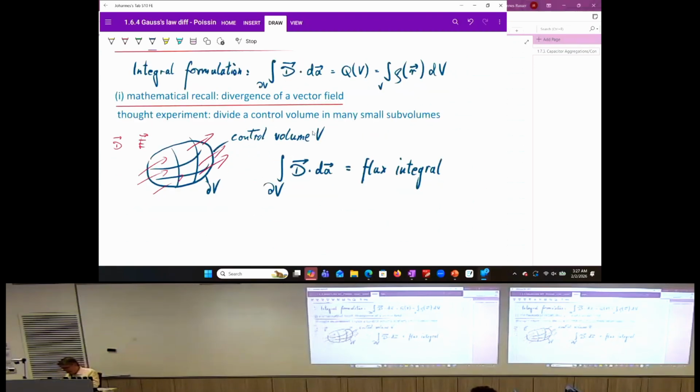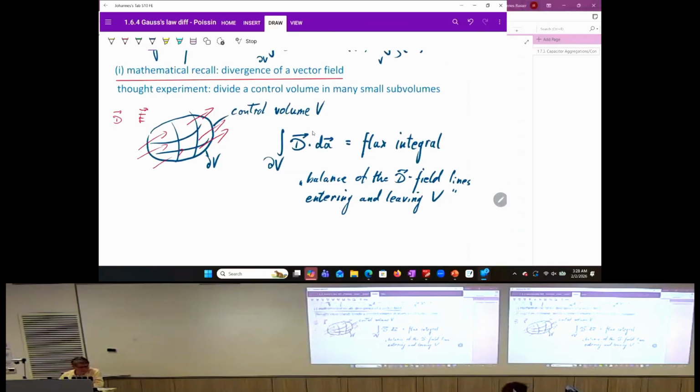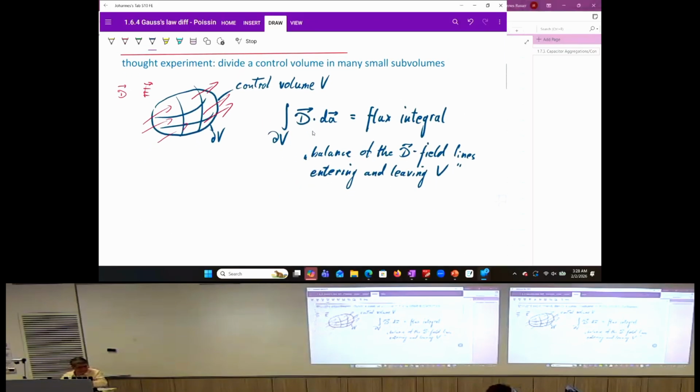You could say this is a balance of the field lines entering and leaving the volume.